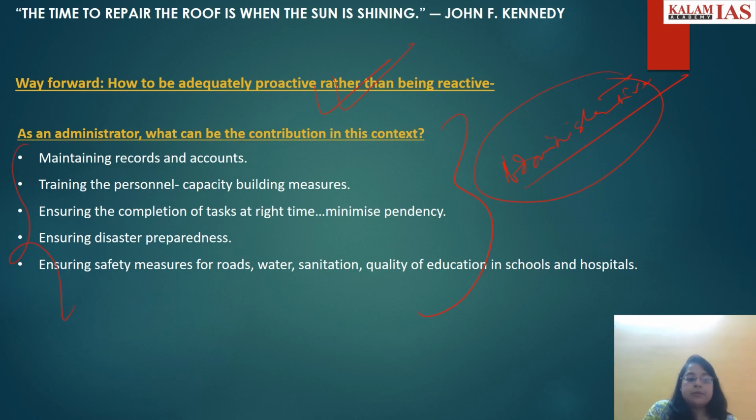For example, you can maintain records and accounts, you can train the personnel, you can have enough capacity building measures in order to cope with any unseen circumstances. You can ensure the completion of tasks at the right time, minimizing dependency. You can ensure disaster preparedness. You can ensure the safety measures for the road, sanitation, water, quality of education in schools, quality in hospitals. Okay, so these are examples, points you can make as an administrator.